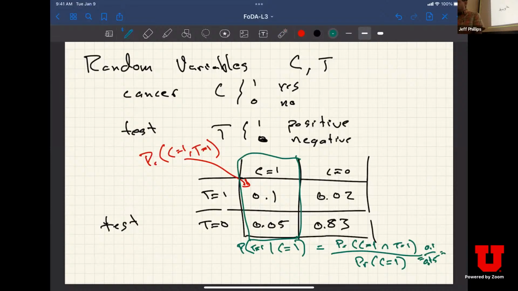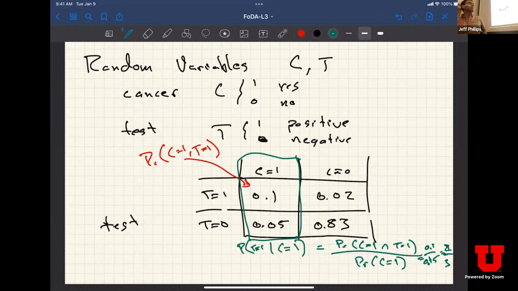If you add these up, this is 2/3. So given that someone has cancer, 2/3 of the time they're going to test positive. Okay, so that tells something about the accuracy of the test, right?